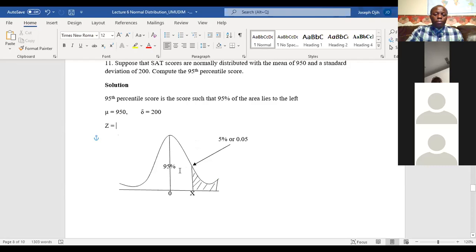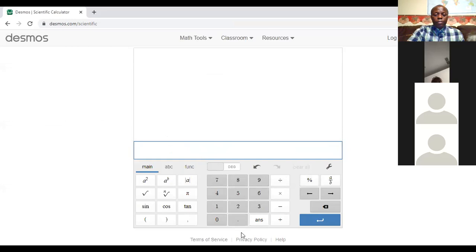So if you're looking for only this point, you do 0.5 minus 0.0500, and that gives us 0.4500.